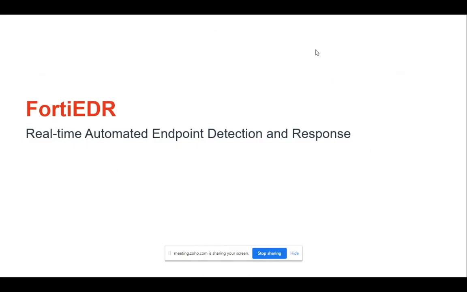Now we'll move to FortiEDR. I will give you a brief introduction to FortiEDR. It's a rebrand of the enSilo Advanced Endpoint Protection solution. It offers CISOs advanced endpoint protection with real-time automated endpoint detection and response.